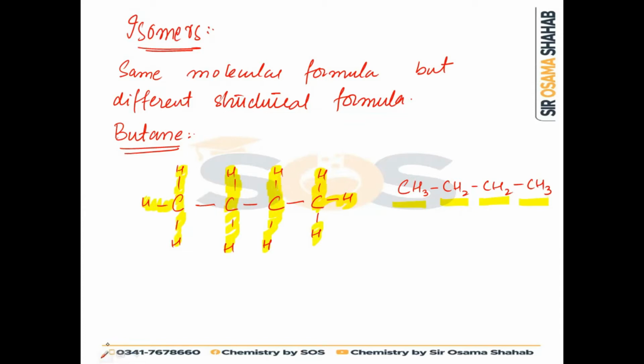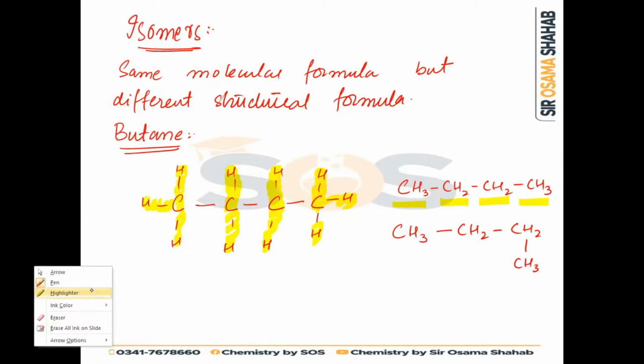Whenever we have a linear structure, that is a straight chain, for example, I just write the last carbon in this way. So it is a one go chain, a single structure.